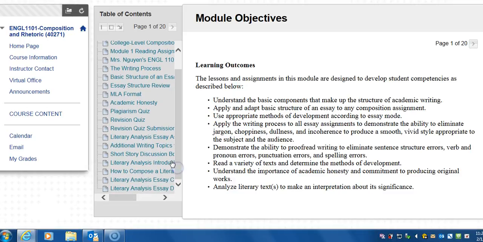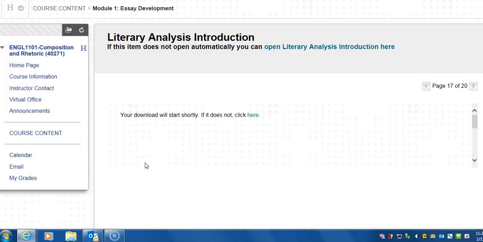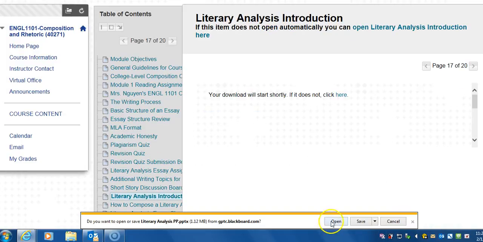You can look in the table of contents for Module 1, and the file is called Literary Analysis Introduction. So you click on that, and the file should open.